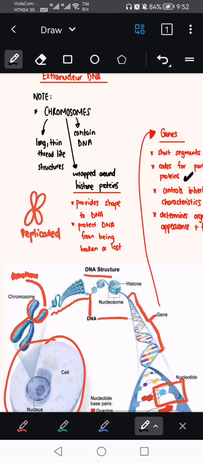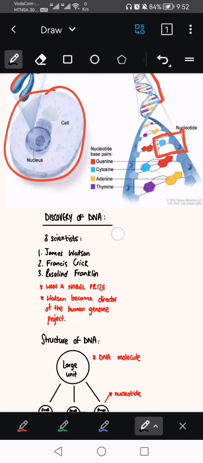If you have to describe DNA, you will say that DNA is a type of nucleic acid that consists of a deoxyribose sugar. Right? That is the various differences, dear grade 12.